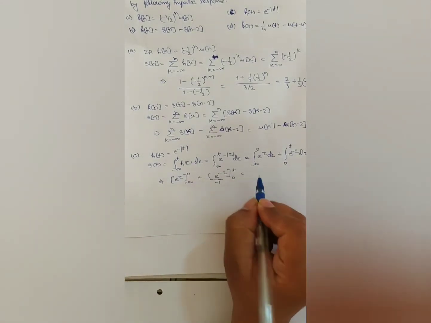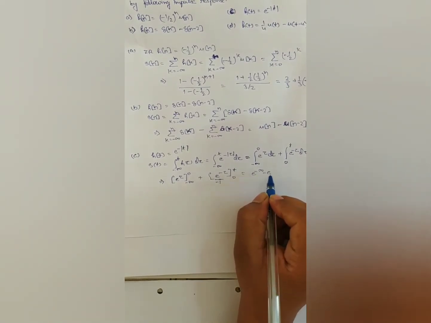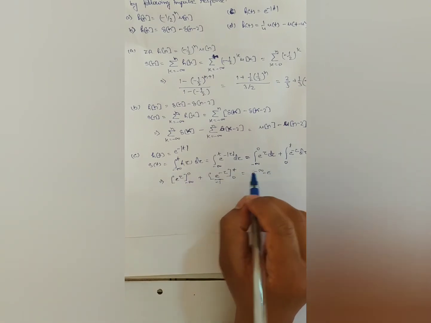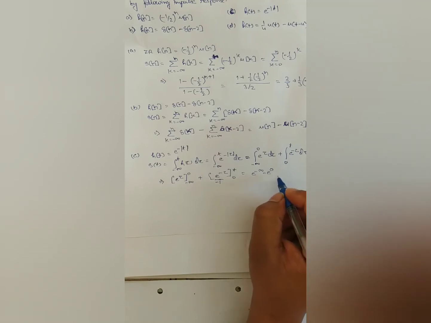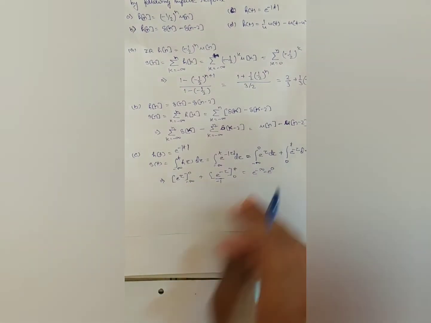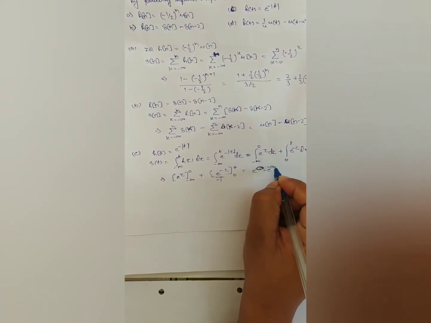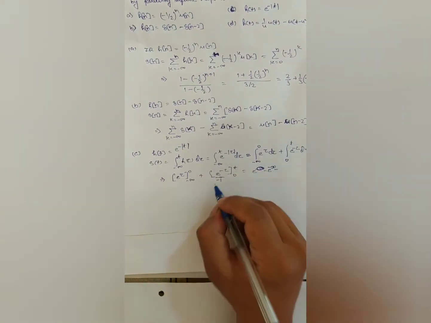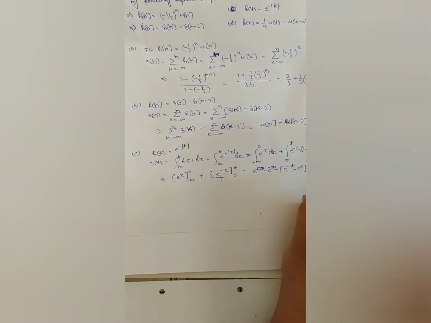When we put in the limits, first e to the power 0 minus e to the power minus infinity, then minus e to the power minus t minus e to the power 0.